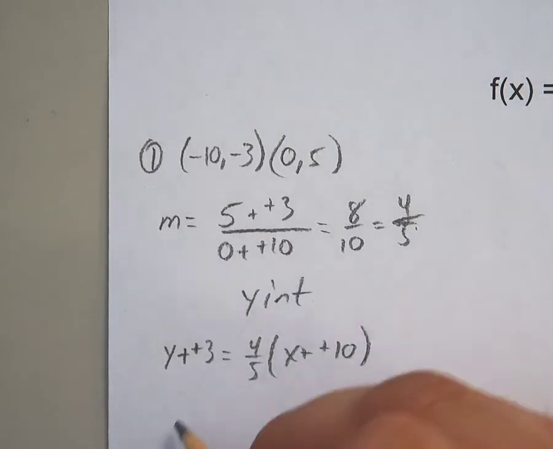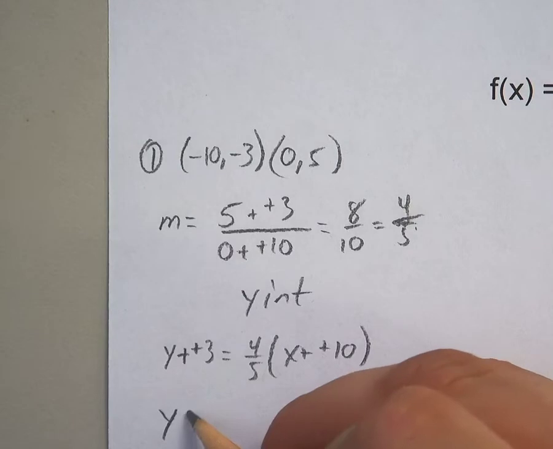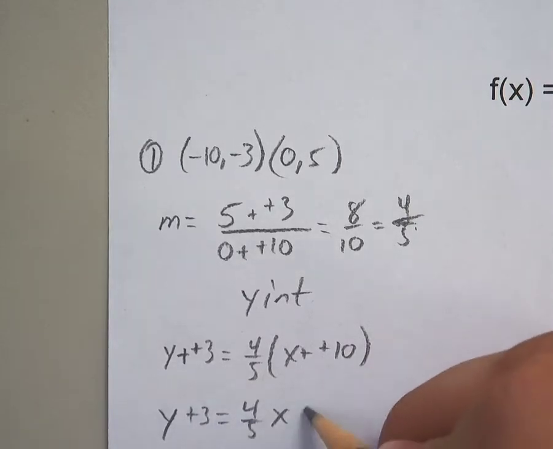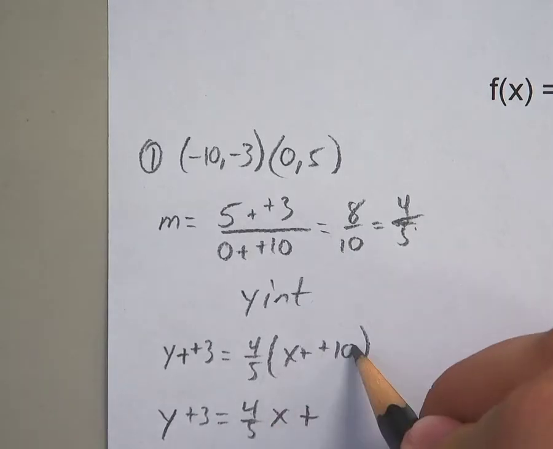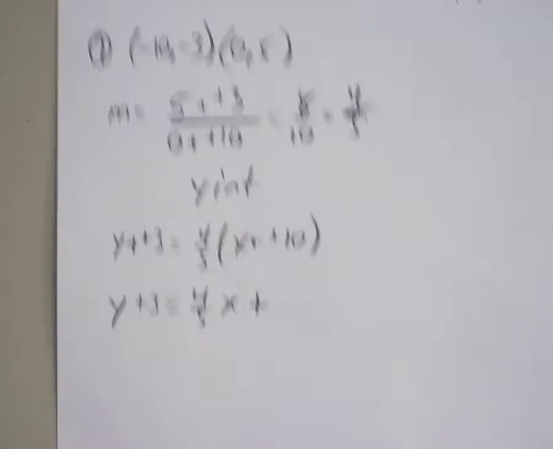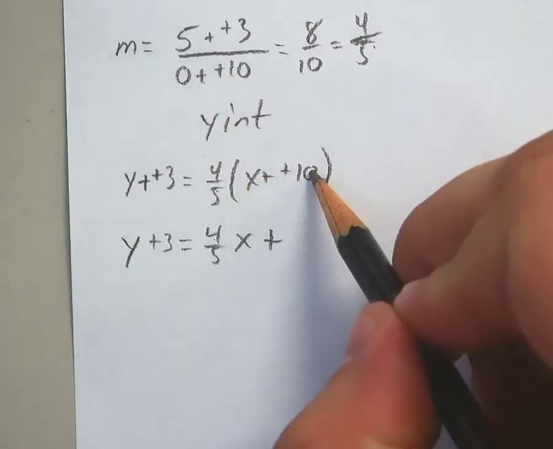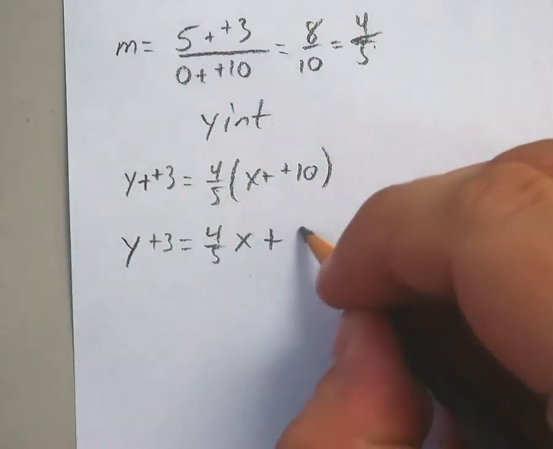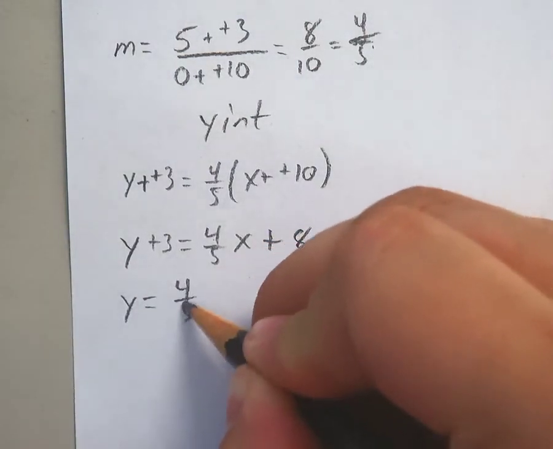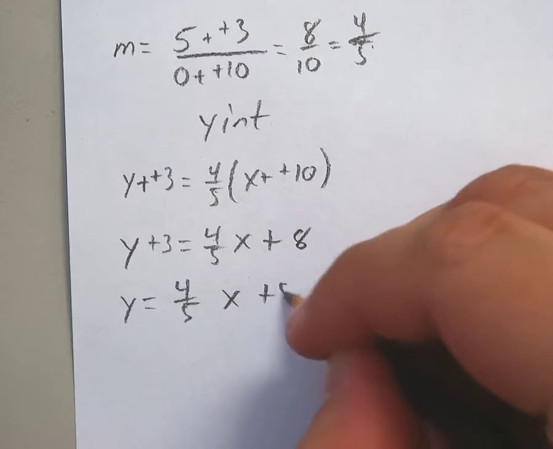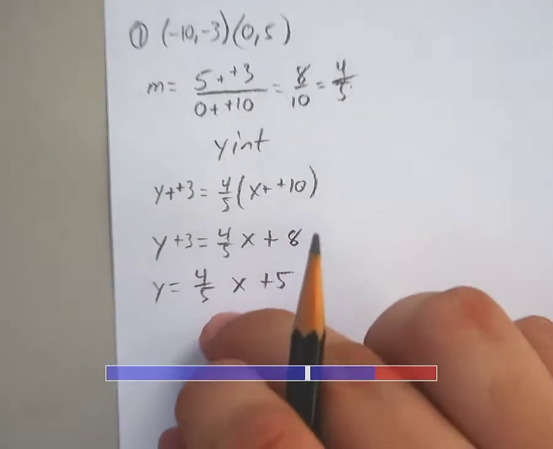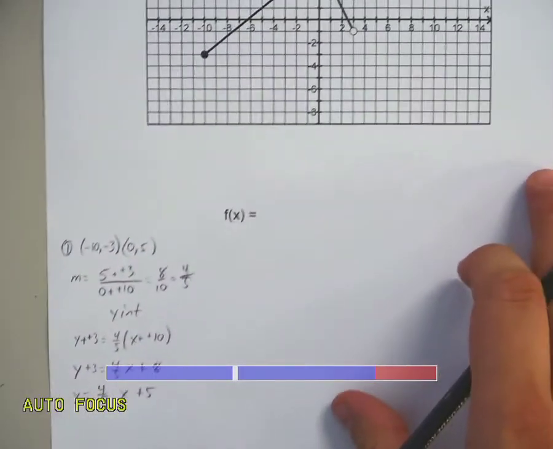And then distributed out, y plus 3 is 4/5 x plus, that would be 40 over 5, which is 8. And then subtract your 3. 4/5 x plus 5. So that means that this is the equation for the first section of my graph.